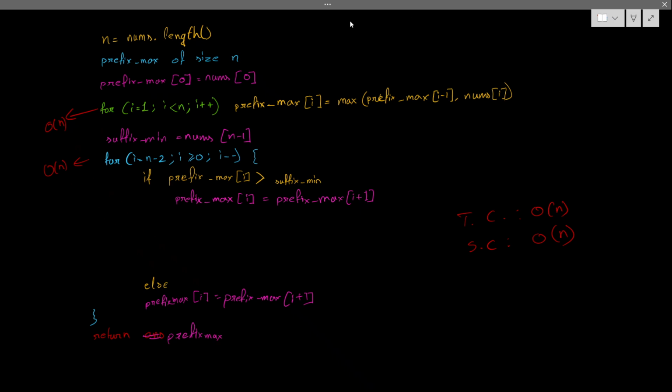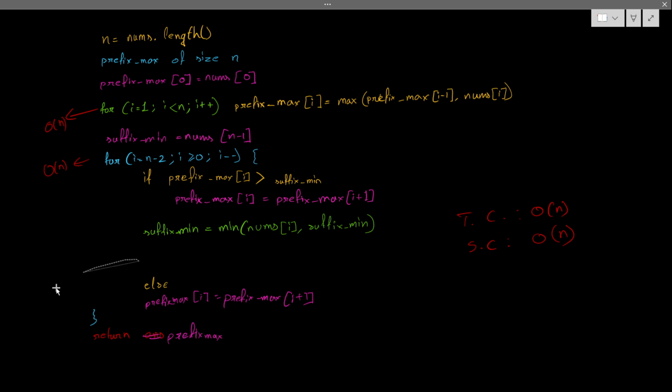And after that, as I told you, I have to update the suffix min before that loop ends. Suffix min is the minimum of nums of I and the current suffix min. So this is all.